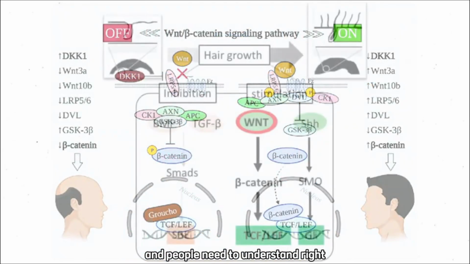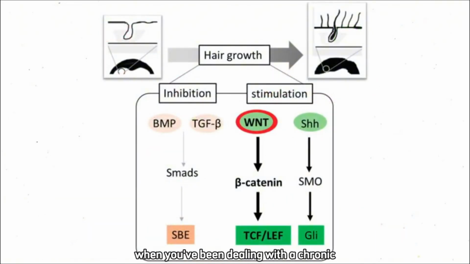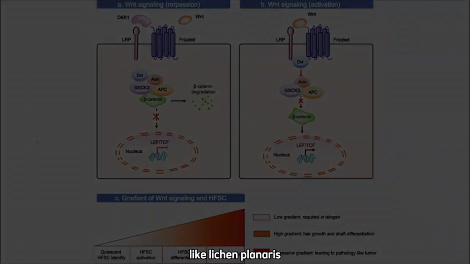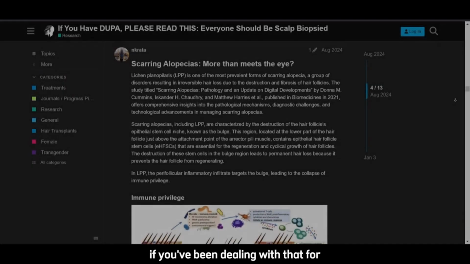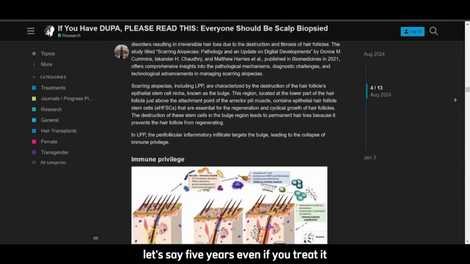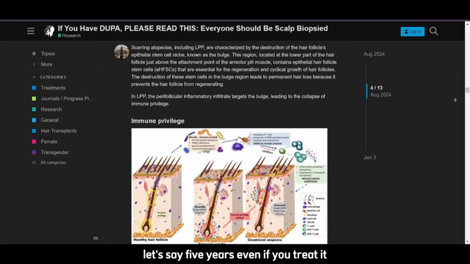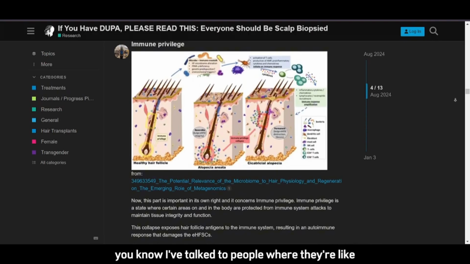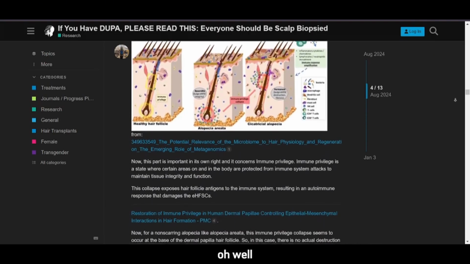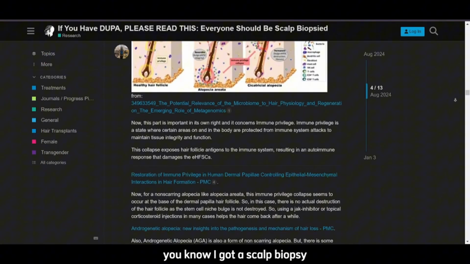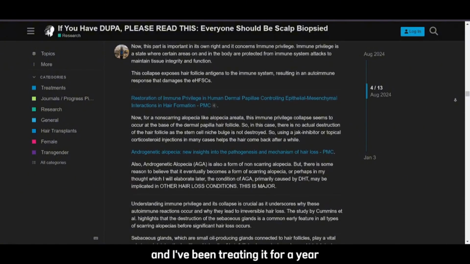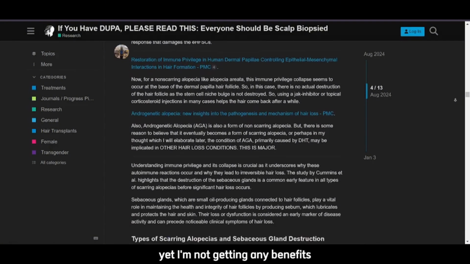And people need to understand, right, when you've been dealing with a chronic scarring condition of alopecia, like lichen planopilaris, if you've been dealing with that for, let's say, 5 years, even if you treat it, it doesn't mean that the hair is going to come back, right? So, I've talked to people who say, oh, well, I got a scalp biopsy, it says that I have lichen planopilaris, and I've been treating it for a year, yet I'm not getting any benefits.